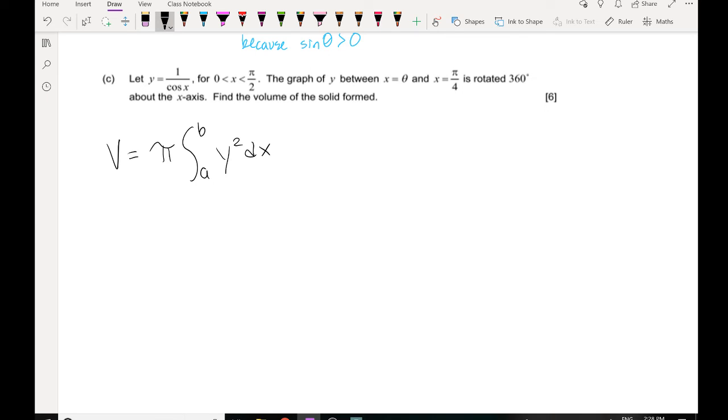So a and b are your boundaries. So if your curve looked something like this, then a would be your lower bound, b is your upper bound, right? We have been given those by the question. This is a, this is b.